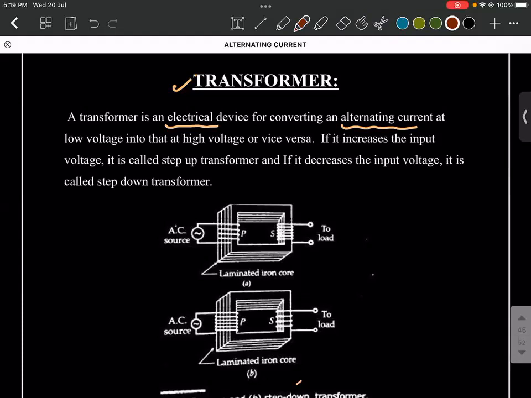At the same time, if it decreases the input voltage, it is called a step-down transformer. Done? Okay.